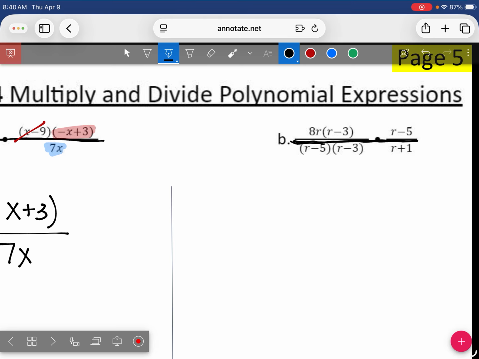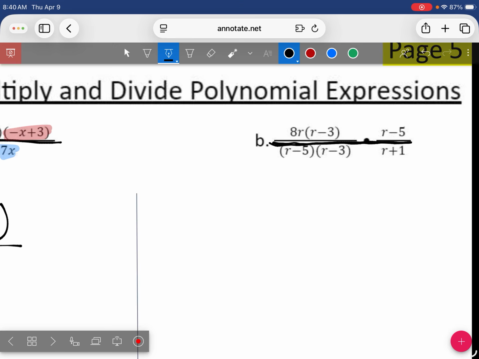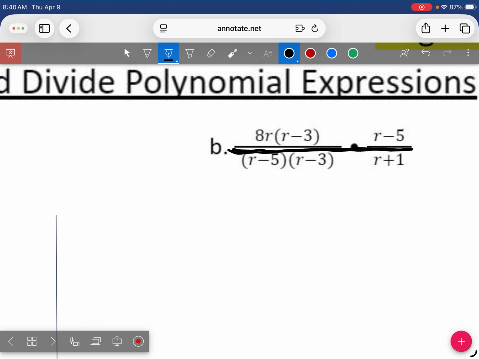So, Maya, what's one thing you could take away? One more time. R minus 5. Let's take that away. Bailey, what else can I take away? Take that away. So I'm left with 8R at the top and R plus 1 at the bottom.